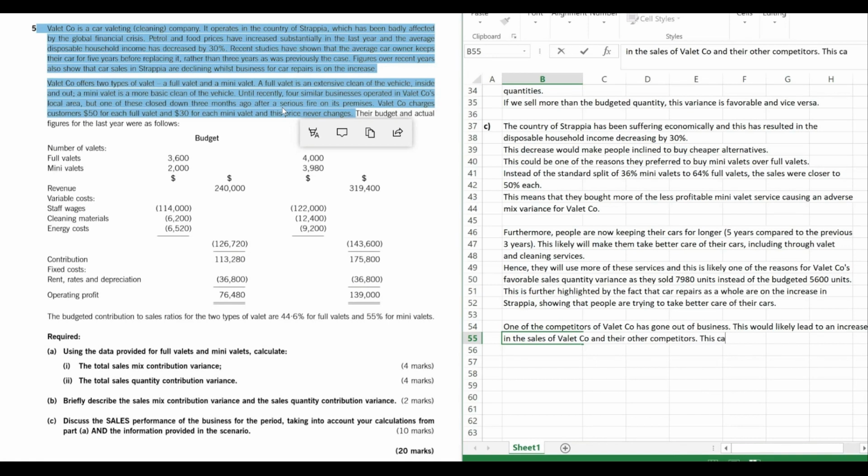Okay, this can clearly be seen as the case since Valet Co had a favorable sales quantity variance. Thus, they were able to win over some customers from the competitor no longer in the market.